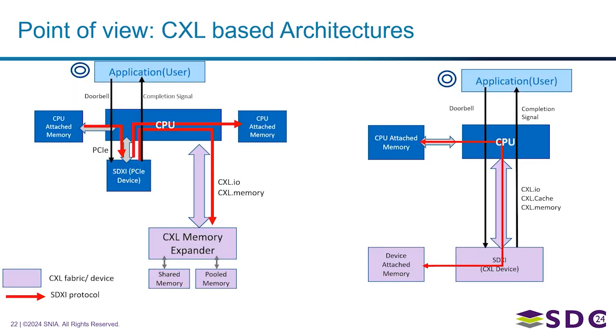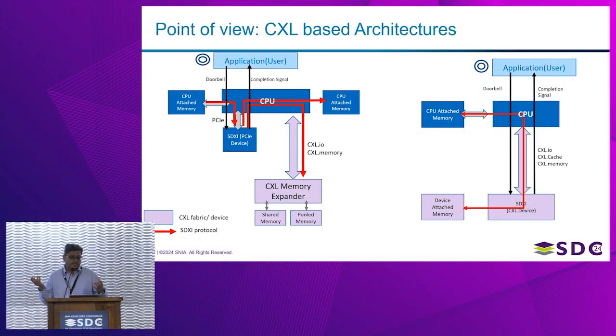This is an example of a point of view of how a CXL-based architecture implementation can exist. The picture on the left is an implementation of a device which is a PCIe-based device, or a device which exists within the CPU's package, but it still has a PCIe interface to it. It can look at CXL expanded memory and be able to move data between those memory tiers. So it's relatively simple.